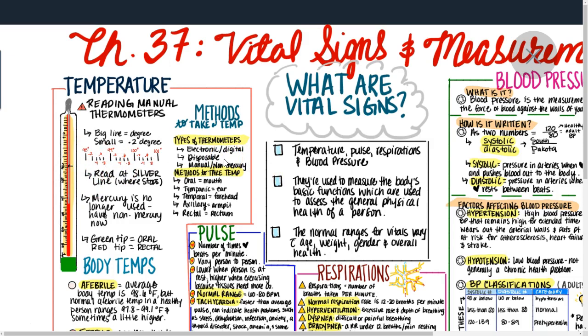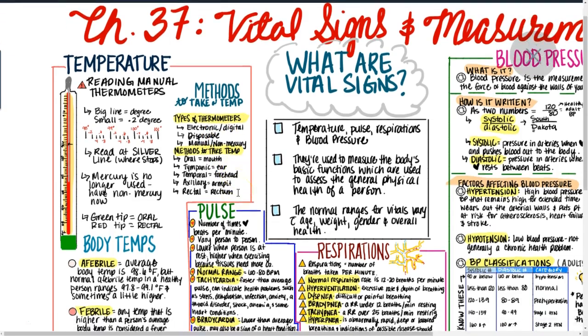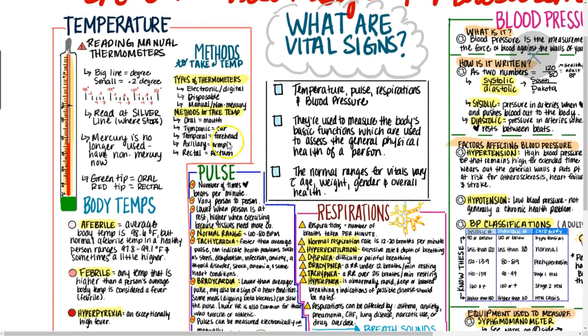Sometimes you'll see those as temp dot thermometers or the like, and those are one-time use thermometers. There are also several ways that we can take a temperature. We can do it orally, by mouth. Tympanic is the ear. Temporal is where we scan over the forehead. An axillary temperature is done in the armpit, and a rectal temperature is done in the rectum.